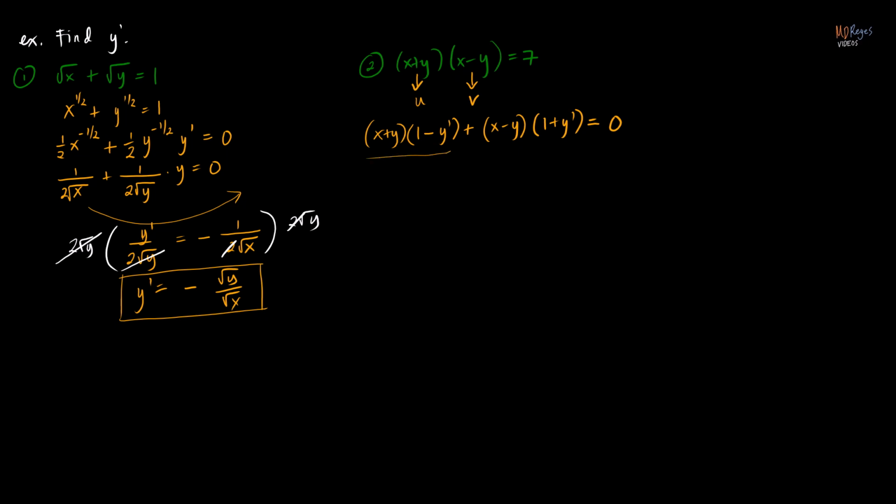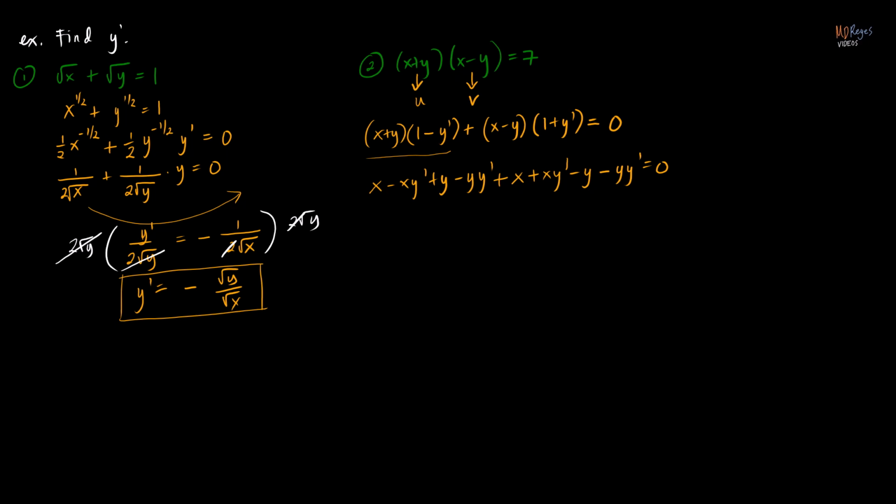Now we remove the grouping symbols and then solve for y prime. For this term, using the FOIL method, we'll have x times x minus x y prime plus y times x minus y y prime. For the second term, using the FOIL method again, you'll have x plus x y prime minus y minus y prime equals 0. And then combine like terms.